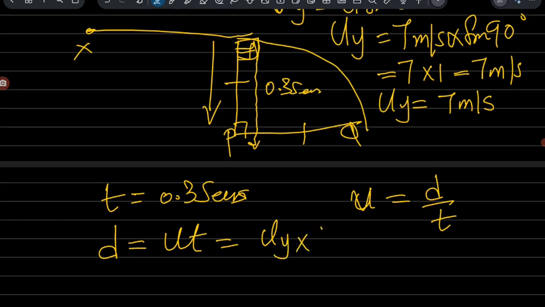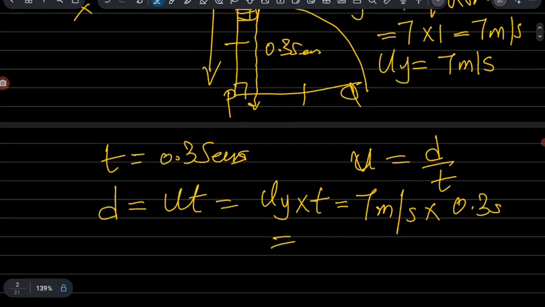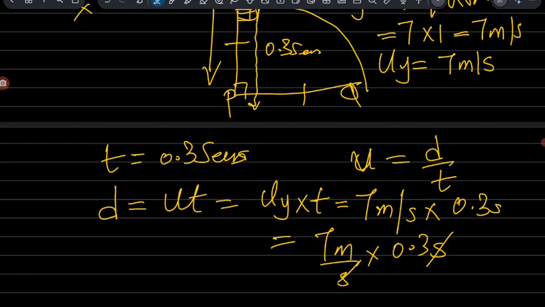So we multiply t, and u y is 7 meters per second multiplied by 0.3 seconds. We cancel the units, giving you 2.1 meters. So it is 2.1 meters.